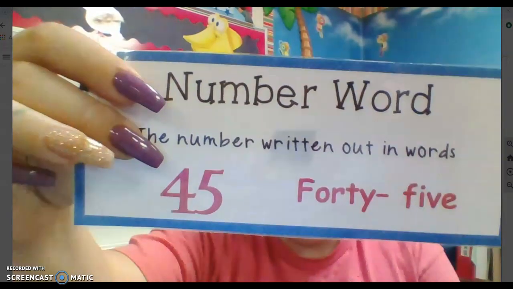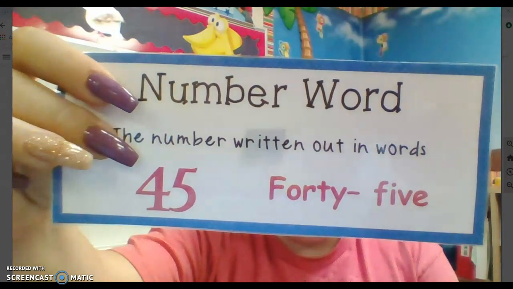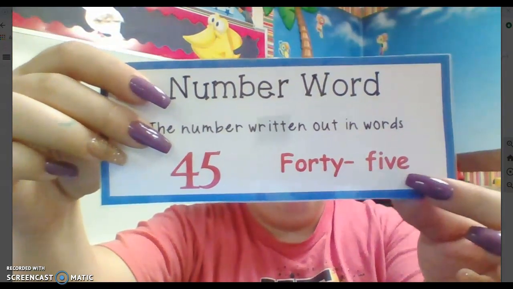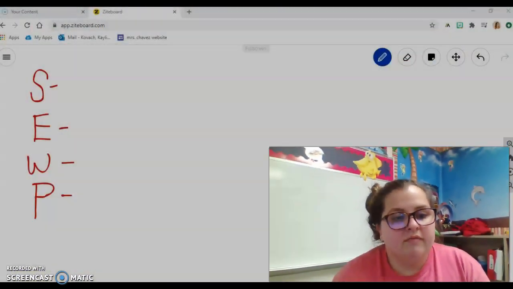So for example here, 45 is written out in words. That's the word form. And then pictorial form is just another way to do it using your base 10 blocks, like we have already been doing this week. So let's go ahead and dive in and see what this looks like.